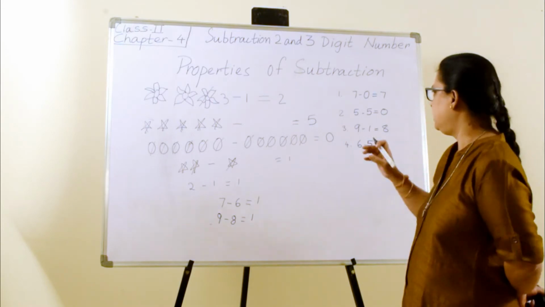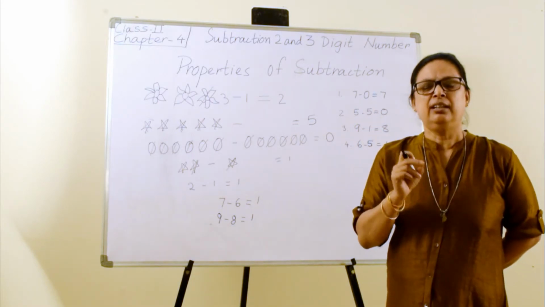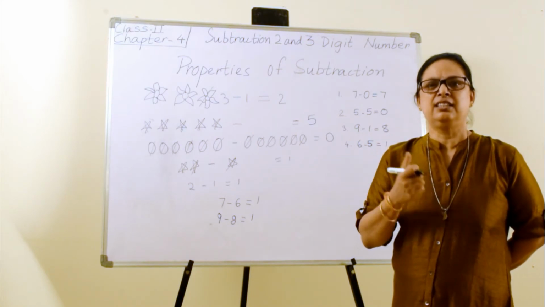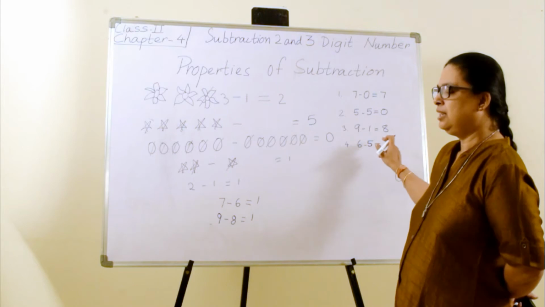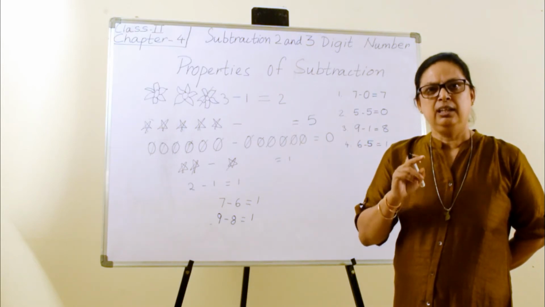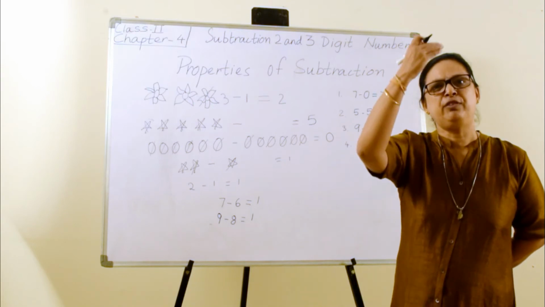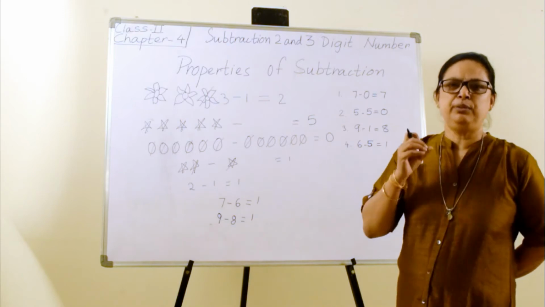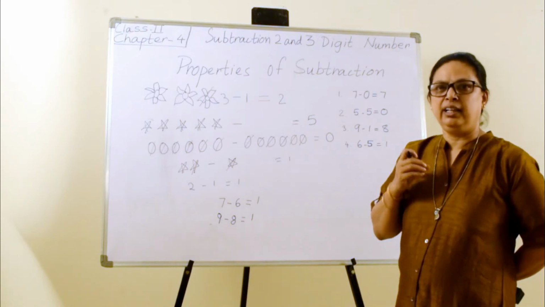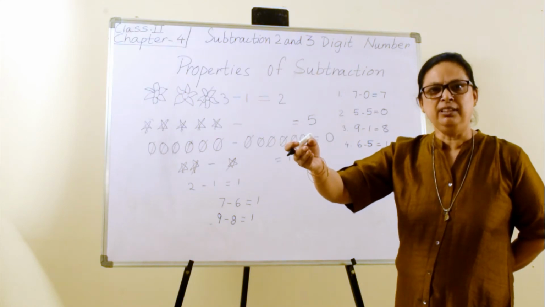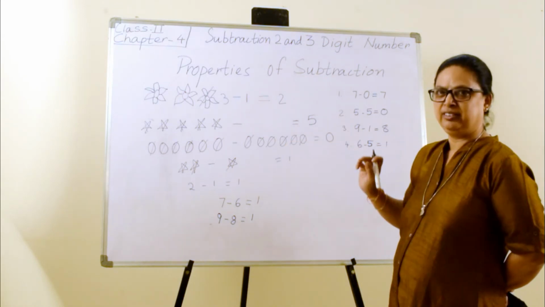Second, when you subtract any number from itself, the answer is 0. The third one is, when you subtract 1 from any number, the result is its before number, right? And the last one is, whenever we subtract a number from its after number, the answer is 1, right?